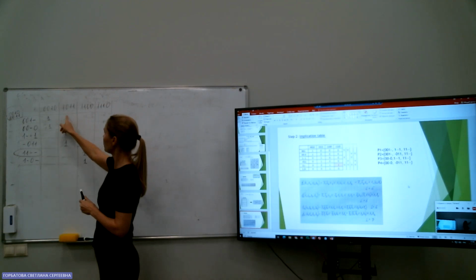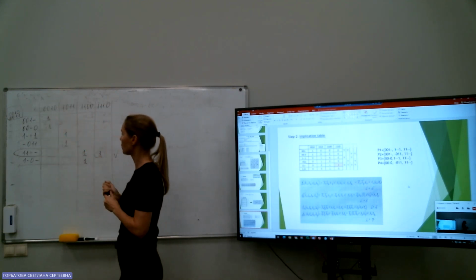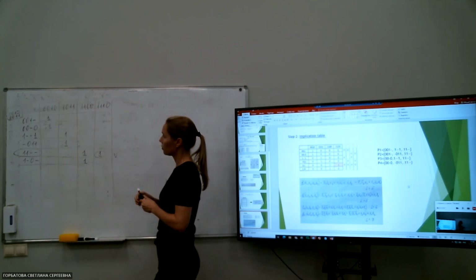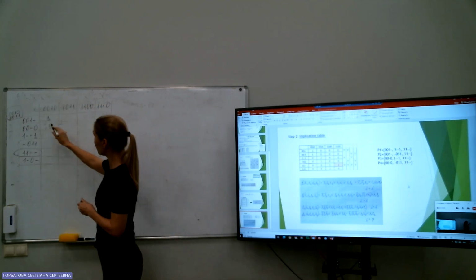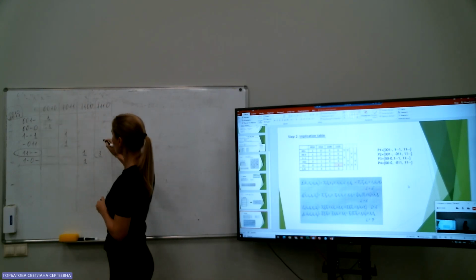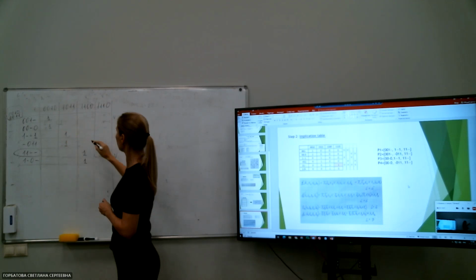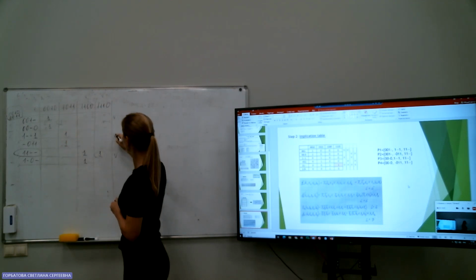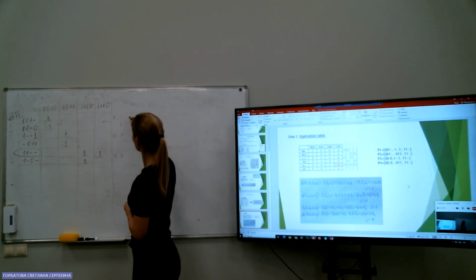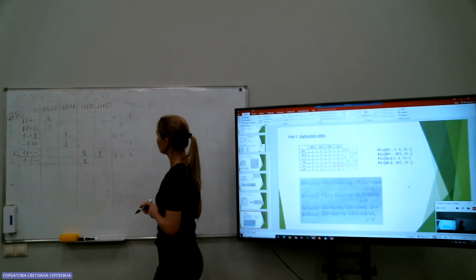And I need to cover two more columns. For example, this row for the first and this row for the second. Or this and this. Or this and this.